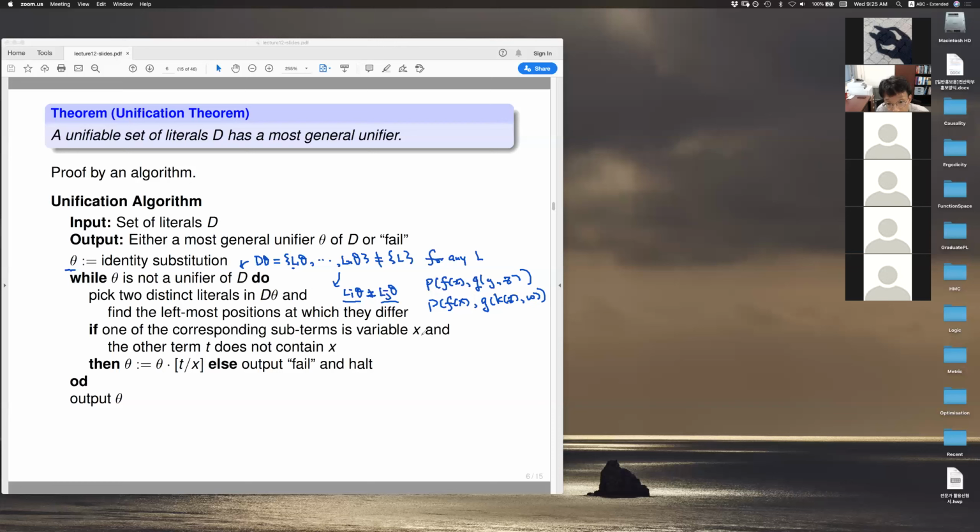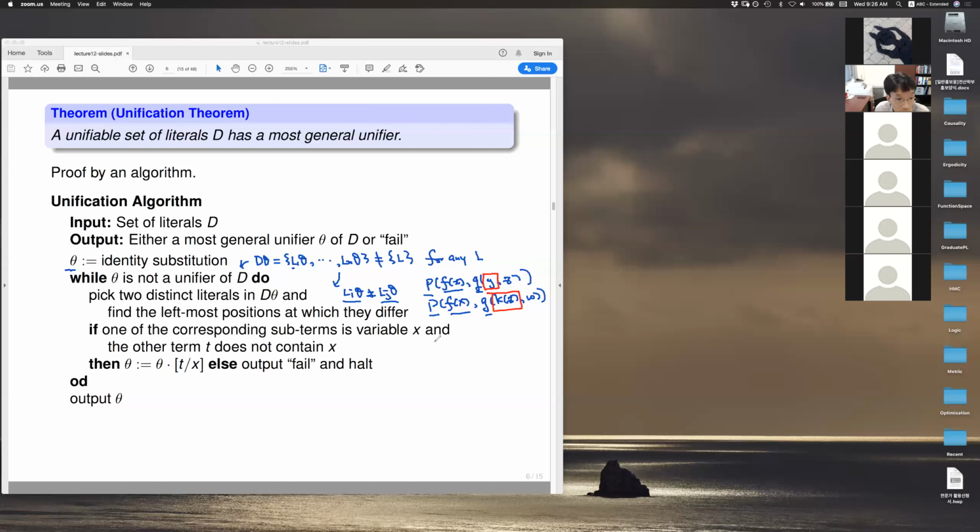So it may be of this form. Then we go from the left and try to find the leftmost position where these two literals are different. So p is the same in both cases. f of x is the same in both cases. g is the same in both cases. And the different place, in this case, is that one is the variable y, and the other is k of z.